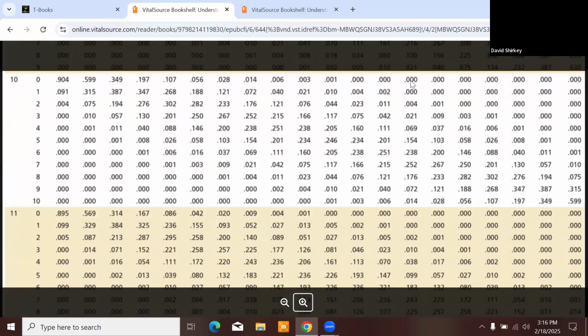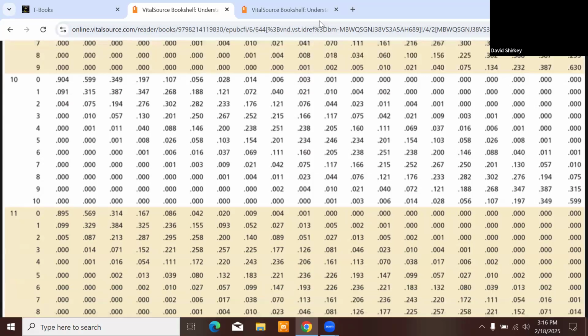So for the 0.65 column, if you take 1 minus the probability of 0, which is 0.000, 1 minus the probability it's 1, and the probability it's 2, and the probability it's 3, let me pause it and change screens and tell you what you get.